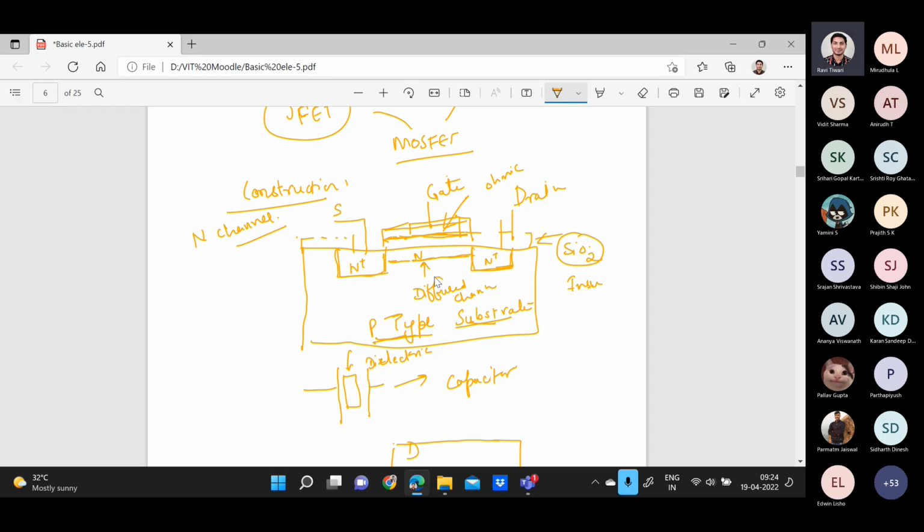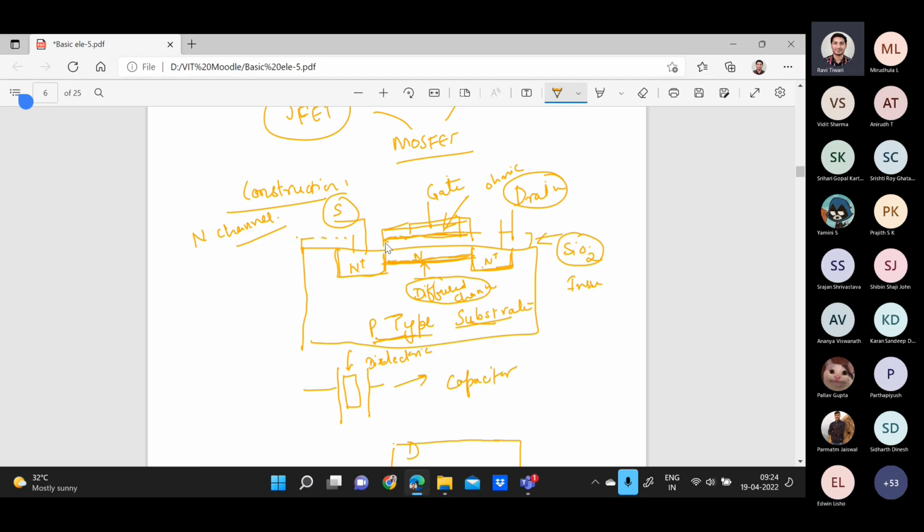Because of this, a diffused channel will also be generated because of diffusion. So here you have N plus, and in between you have an N channel. It's similar to the junction field effect transistor, if you remember. There we had the source and drain, and in between we had the N channel. So only the construction is different, but the process is the same.